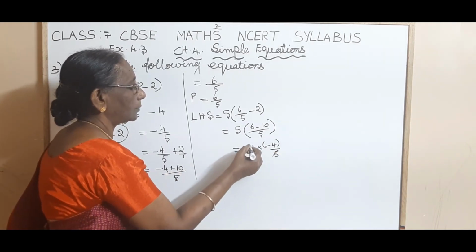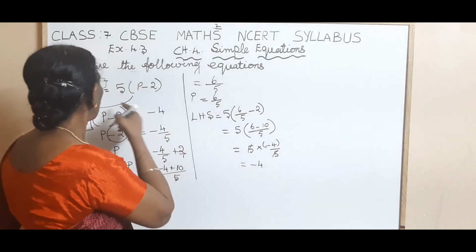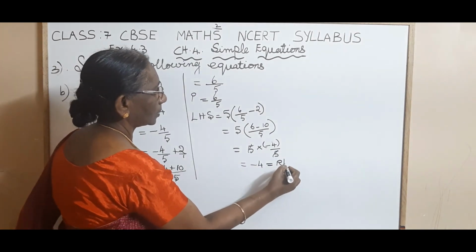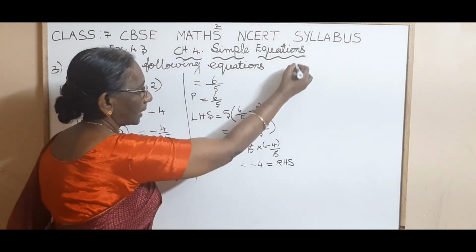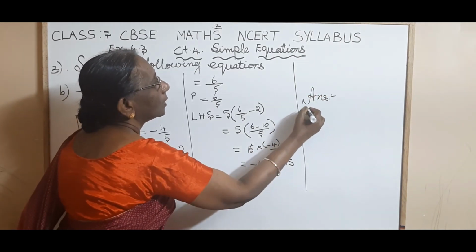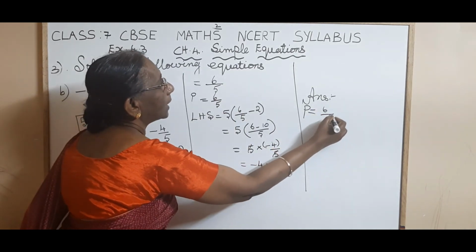So 5 and 5 you are getting cancelled. So minus 4. Minus 4 is equal to what? The RHS. Therefore our answer is correct. So the answer is P is equal to 6 by 5.